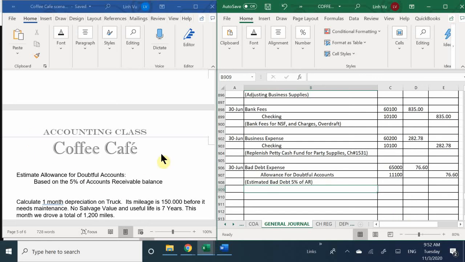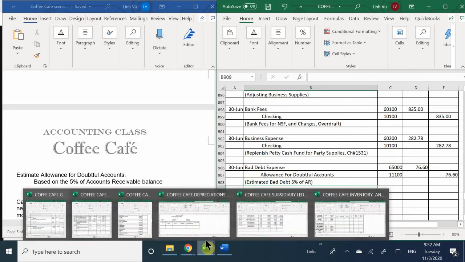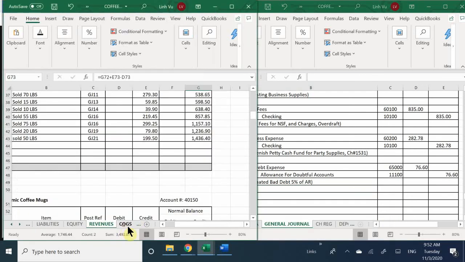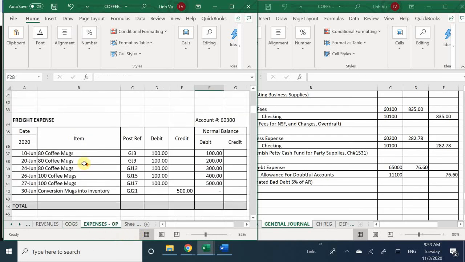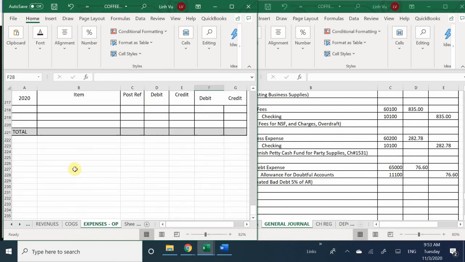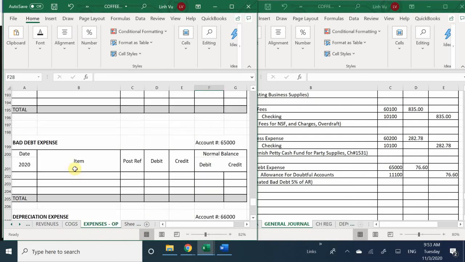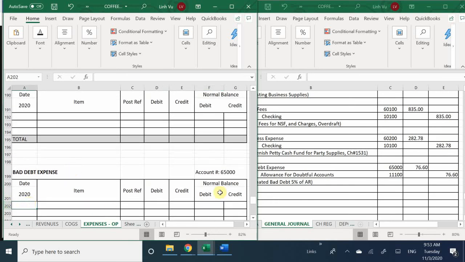So we know where bad debt expense is, right? We know that it's going to be under an operating expense. So let's go ahead and go here, and it should be one of the last things that we encounter. Here you go, bad debt expense, right? So we're going to go ahead and debit the bad debt expense. So here you can say 5% of accounts receivable is uncollectible, right?